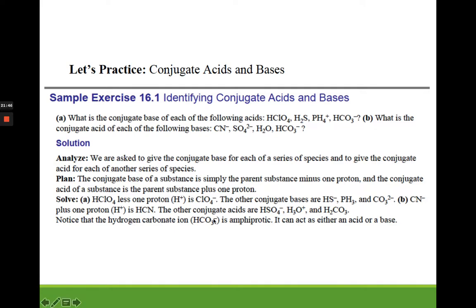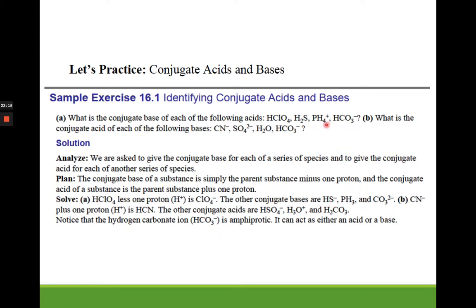So here are now the answers. For letter A, HClO4, the conjugate base of perchloric acid is ClO4 minus. And for the other conjugate bases, for example H2S, minus one proton, you have HS minus.